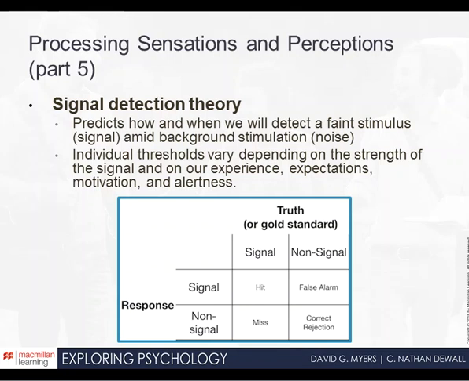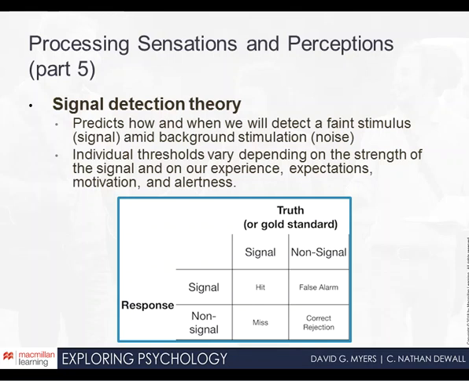But let's say there is a signal, but you act as if there's not a signal, you didn't go to the door, that's a miss. If there is no signal and you responded as if there's no signal, then we have a correct rejection. So this just tells us that signal detection theory explains the scenarios where we act as if something's there or not there and whether or not it actually is.